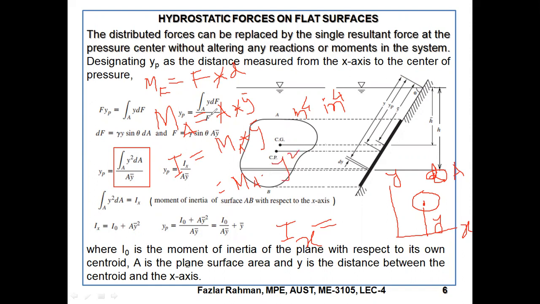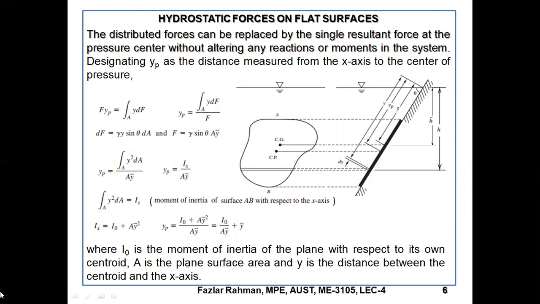The unit of area is meter square, and again y square, so that's why the unit of moment of inertia comes out as meter to the power 4 or inch to the power 4.